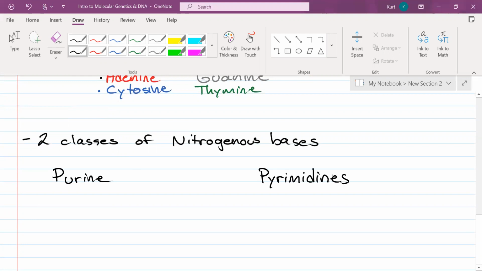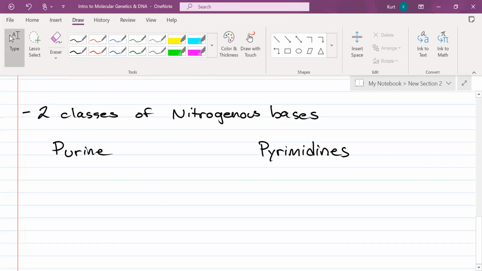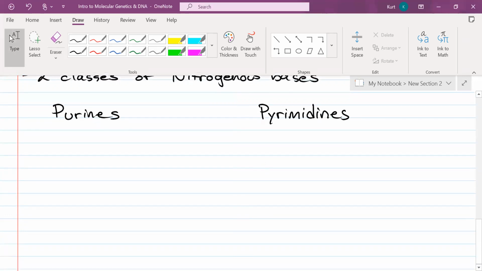Now, a couple ways to help you remember which one is which and which bases belong to which class. So purine, P-U-R-I-N-E. It's only 6 letters, 7 if it's plural. It's a short word when you compare it to pyrimidine. A purine, it's a short word, but it's a big molecule. It's a double-ringed molecule.